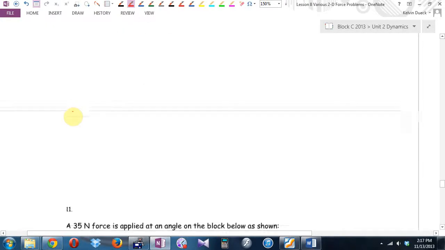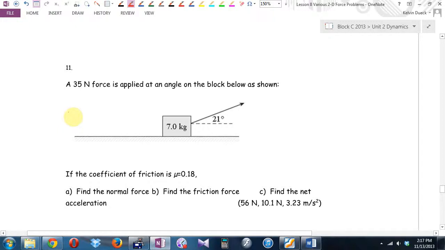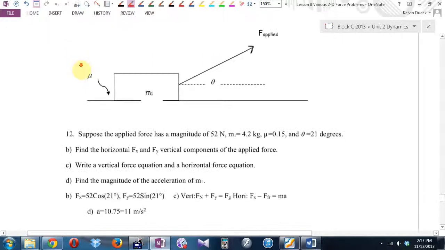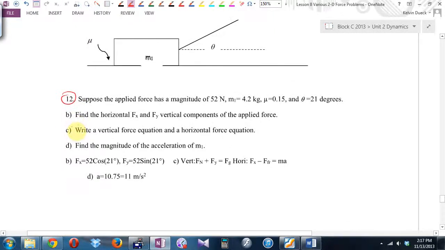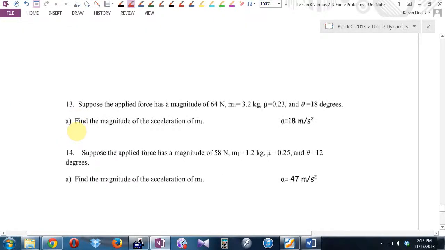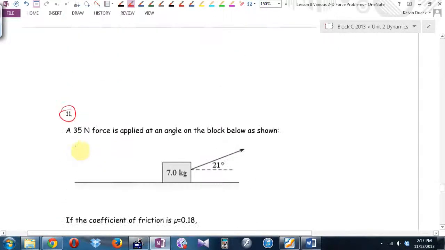I can even see I added this question because it's from an old provincial exam. I can tell by the font and the graphics. I like that question. Number 12. 13 and 14. I must have added those this summer. I'm glad I did.